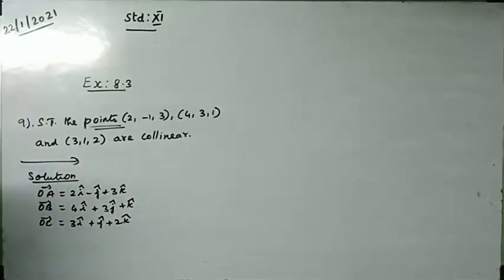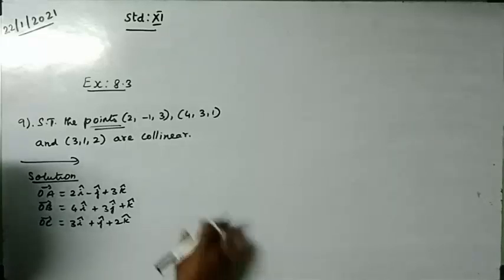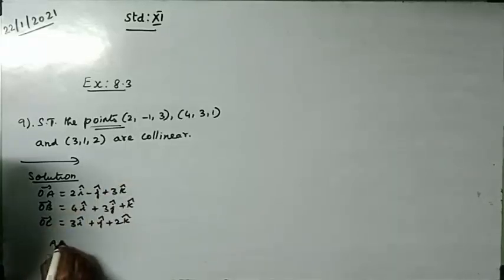Now we want to say that the points are collinear. So now we have to check whether a triangle is formed. If a triangle is not formed, we can say they are collinear. And to find the sides of the triangle we need AB, BC, CA. So how can we find AB vector?